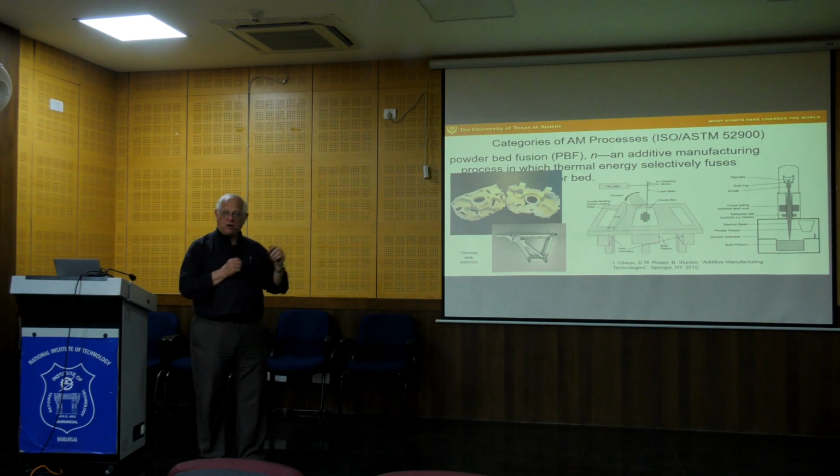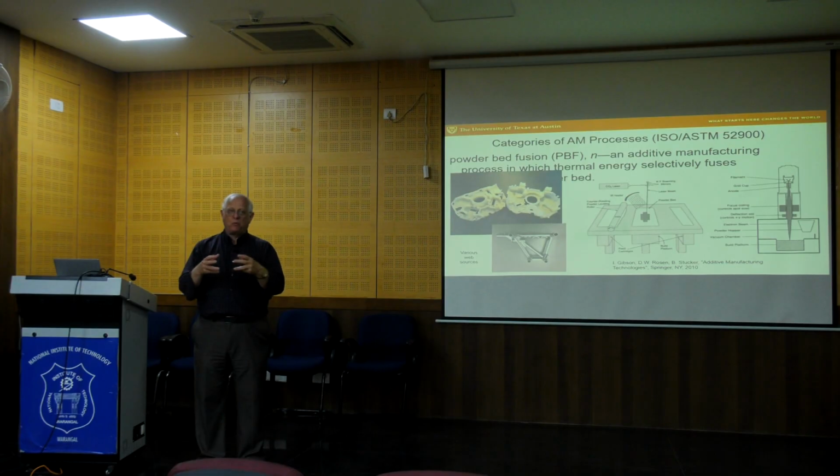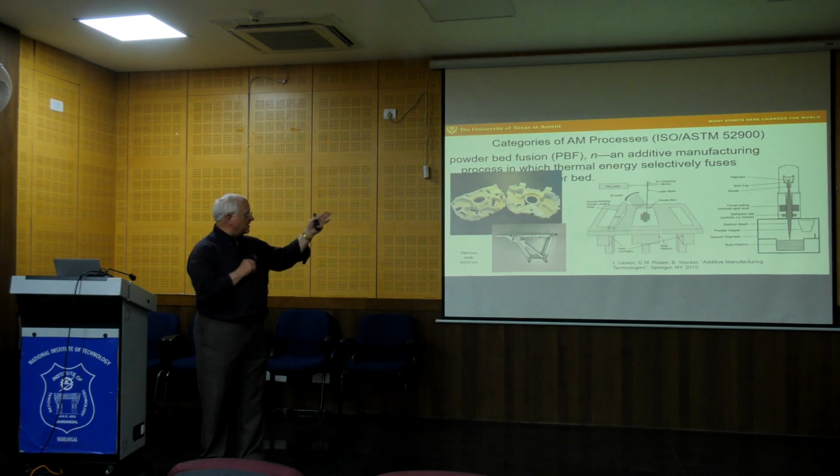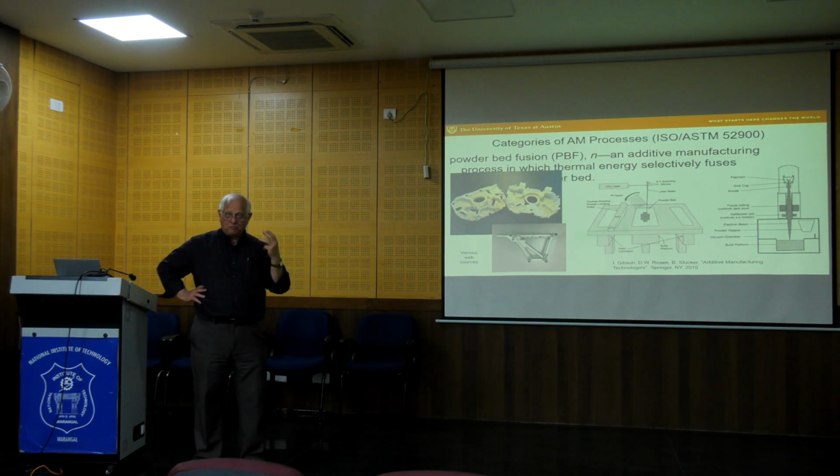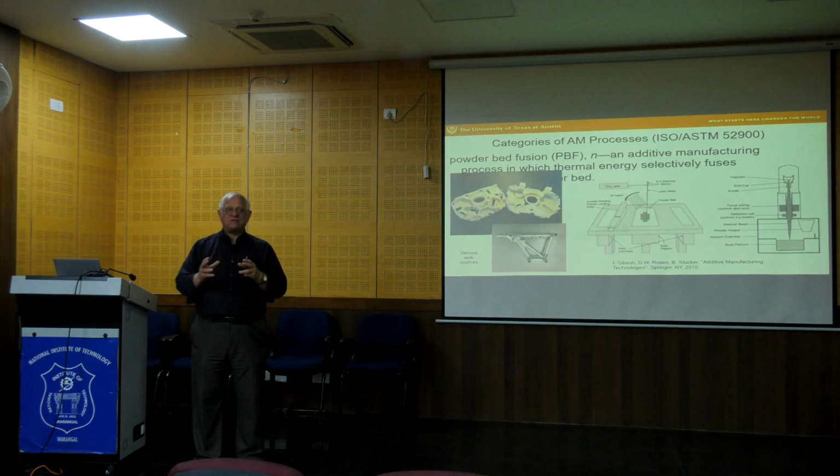However, with powder bed fusion, the support structure is the loose powder. So with laser sintering or powder bed fusion of polymers, all I have to do is shake out the loose powder, and I can produce the desired part.